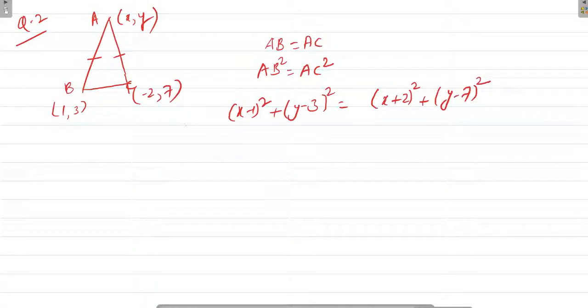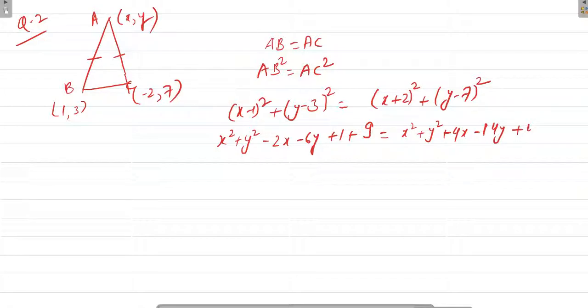After you solve it, you will get x square plus y square minus 2x minus 6y plus 1 plus 9 equals x square plus y square, opening both squares in the same fashion, plus 4x minus 14y plus 4 plus 49. After you solve this whole equation, you will get 6x minus 8y plus 43 equals 0.